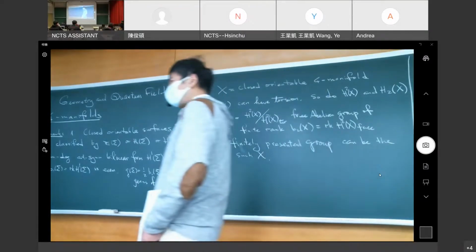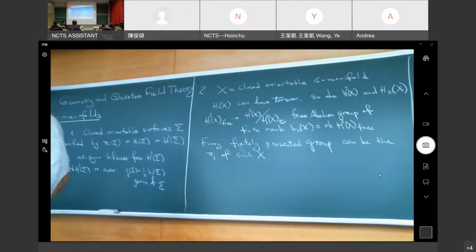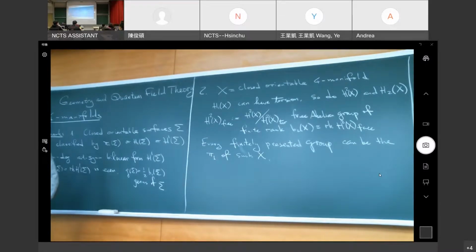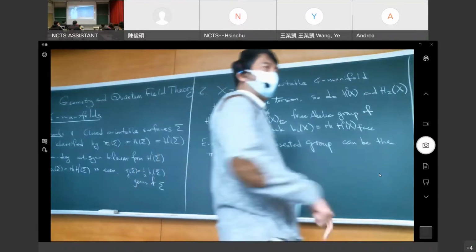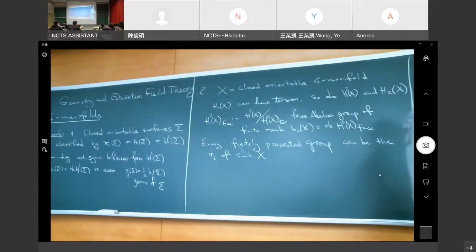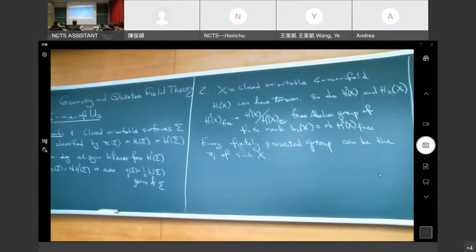And unfortunately, there is no algorithm to decide whether two finitely presented groups are isomorphic or not. So this is a question of undecidability in computation.